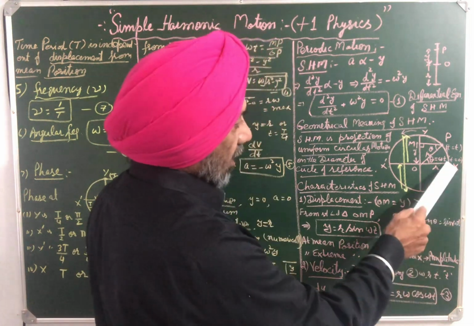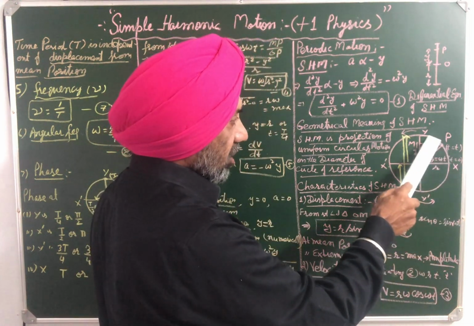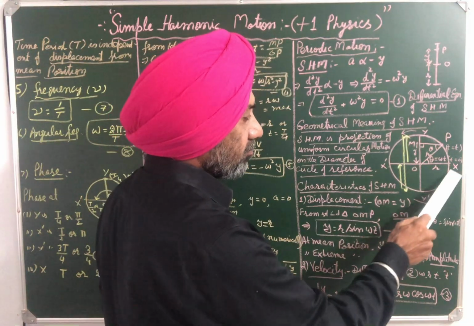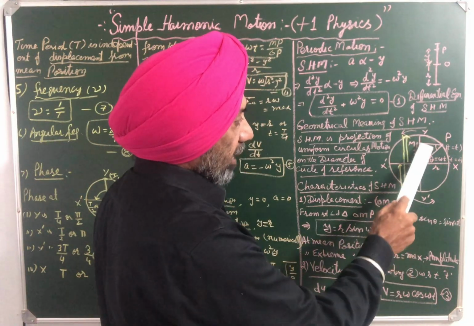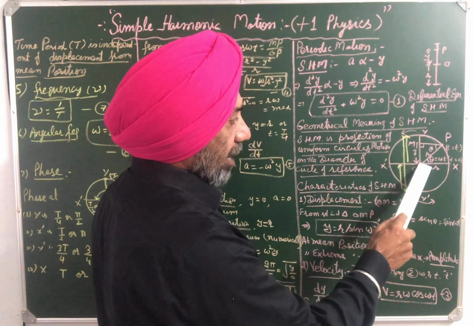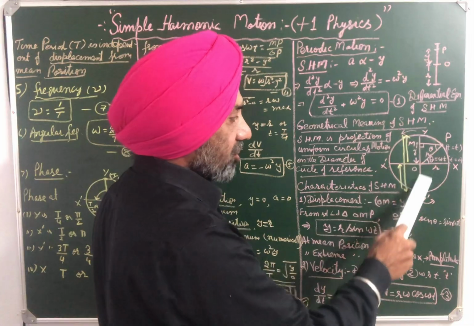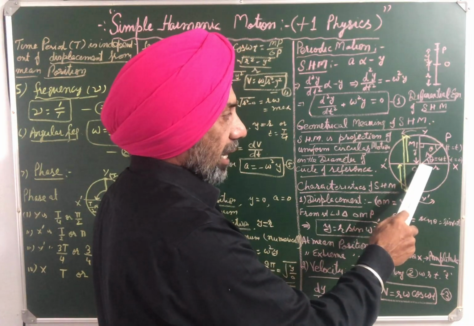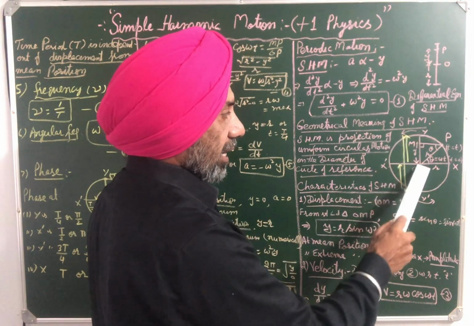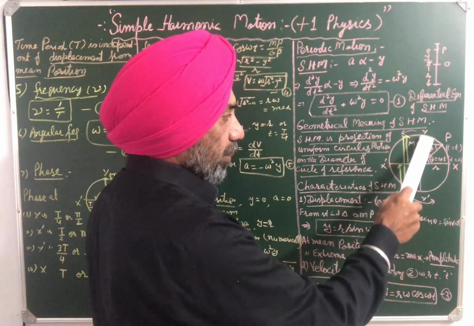So during the time the reference particle P completes one rotation, this foot of the perpendicular, that is vibrating particle M, completes one vibration. And when second vibration starts, again this is repeated.